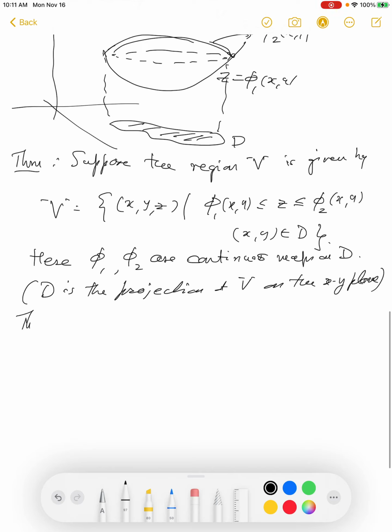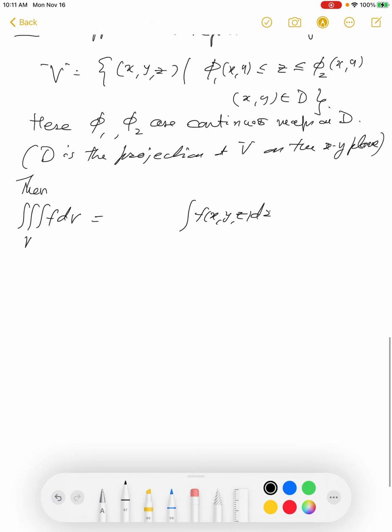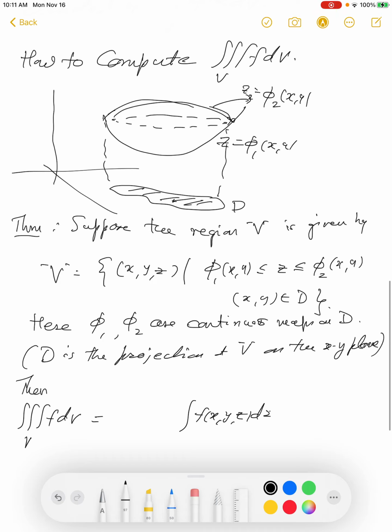Then in this situation, the triple integral of f over the volume V is going to be, what you do is you integrate the z variable out. So in other words, you fix (x,y) in D, and you are integrating from this point to that point, and then you move your (x,y) over the entire region D. So this is your phi1(x,y), this is your phi2(x,y).